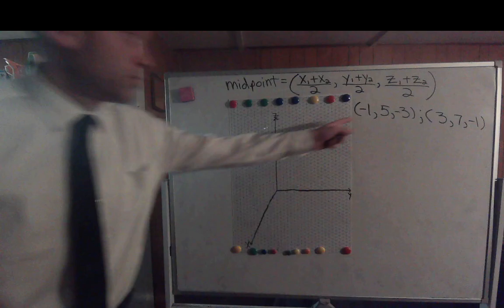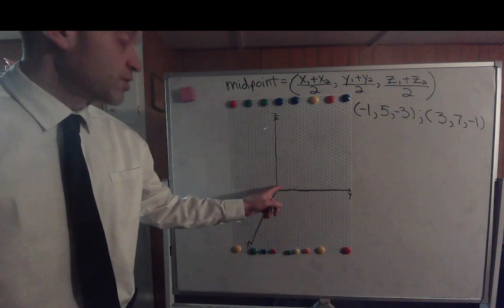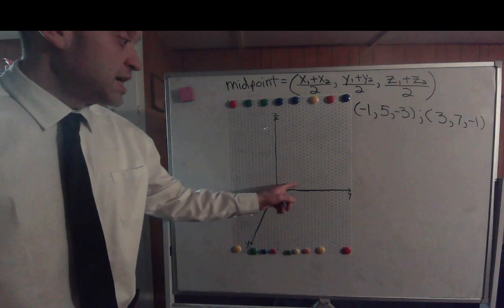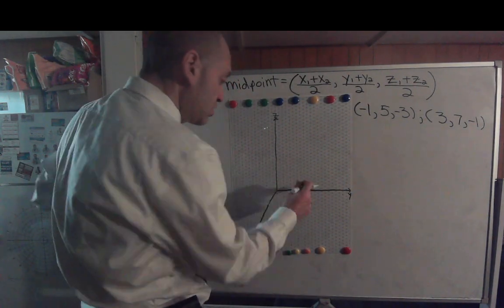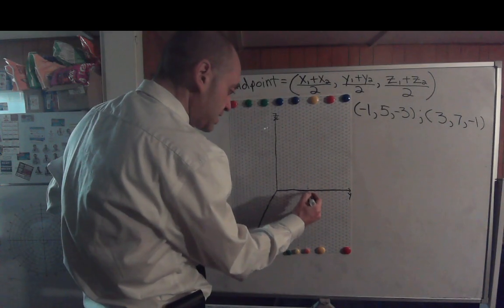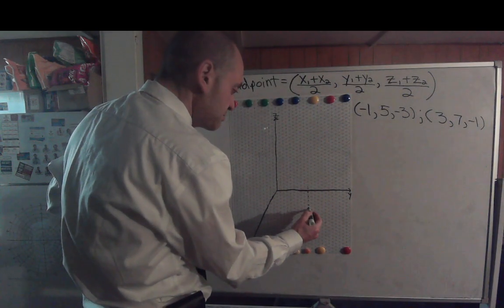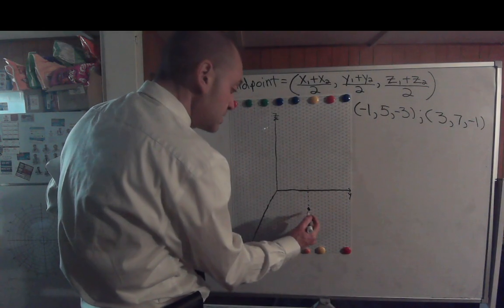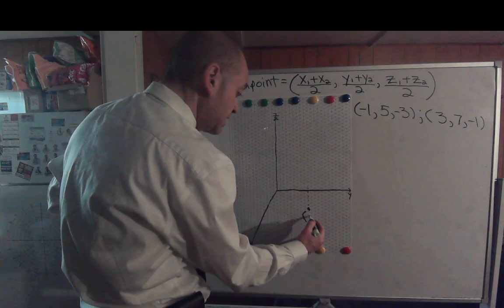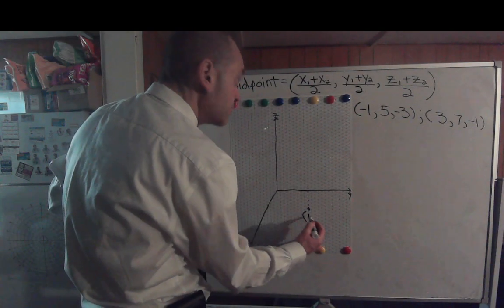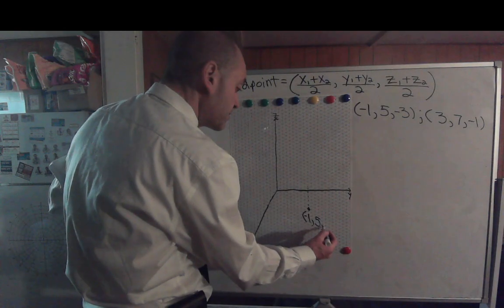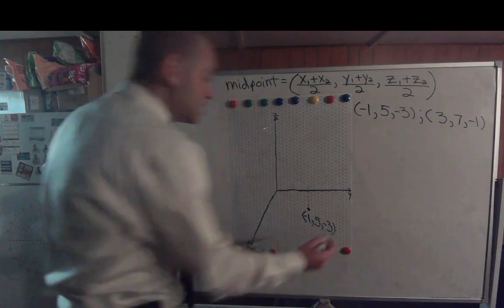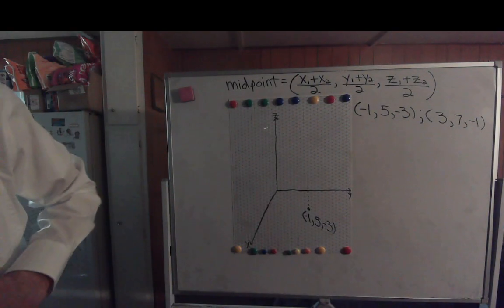So negative 1 in the x direction, that's about right there. Over 5 in the y direction, that's about right there. And then go down 3 units in z, that's about right there. So here is your negative 1, 5, negative 3 coordinate. Now, what about your other one?